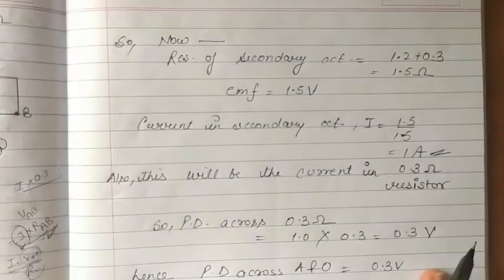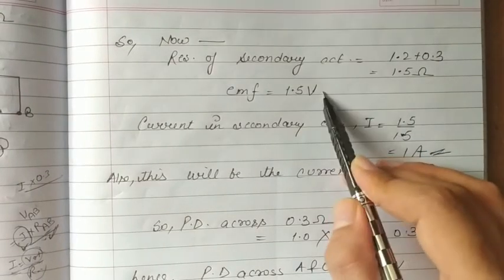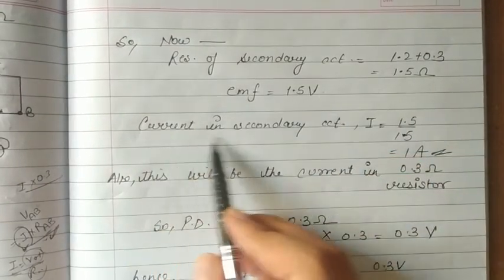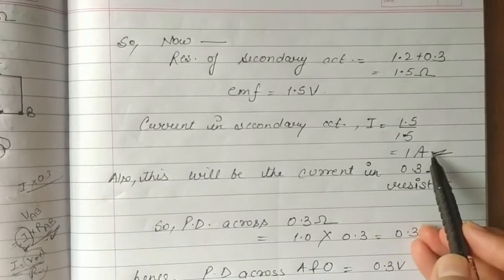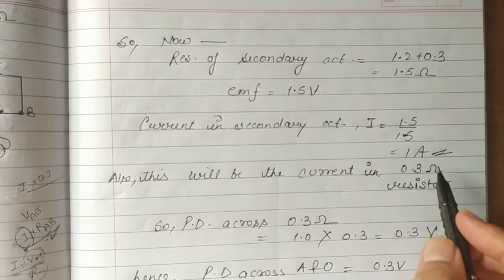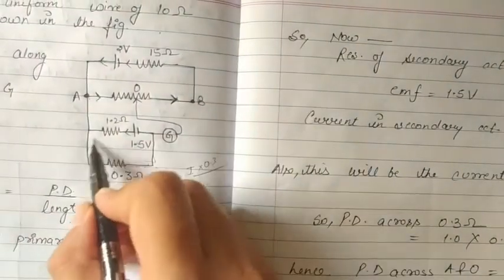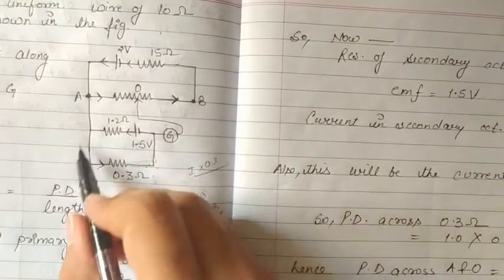So in the secondary circuit, resistance is 1.5 ohms, EMF is 1.5 volt. So current in the secondary circuit is 1 ampere. Means EMF upon resistance, 1.5 upon 1.5, that is 1 ampere. Means in this secondary circuit 1 ampere current is flowing.